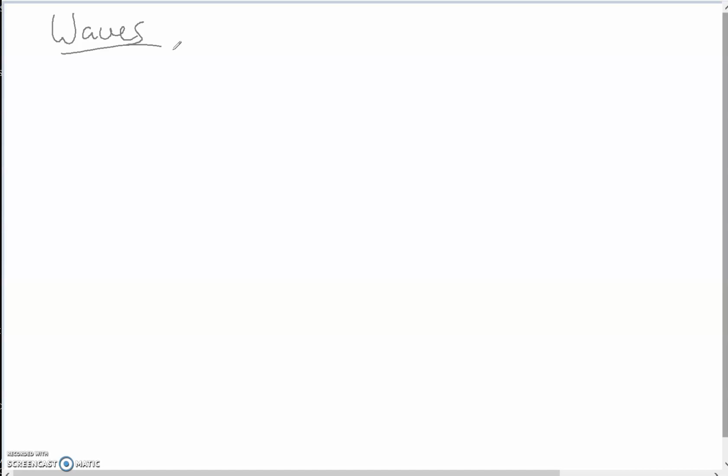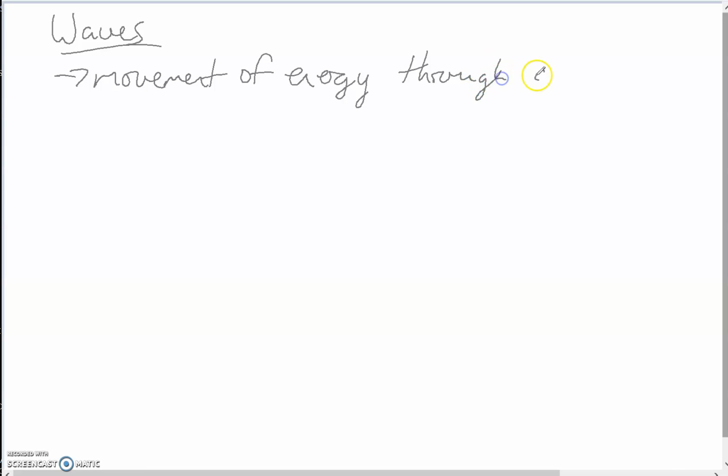Well, the most important part about a wave by far is that it is the movement of energy. Waves are the motion of energy from one place to another, through what's called a medium.